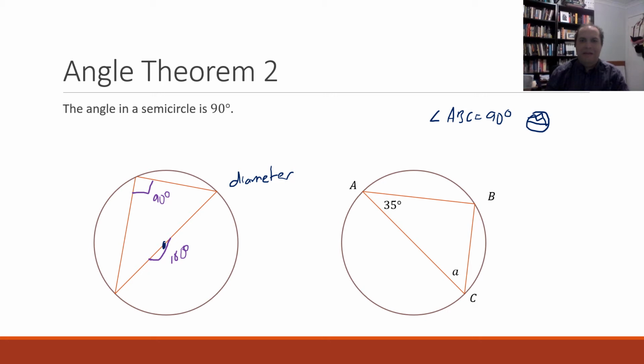Now to work out A is just going to be 180 degrees, subtract 90, subtract the 35 we were given, because we know the angles of a triangle add up to 180, so the value for A must be 55 degrees. And that's how we would apply the second angle theorem to calculate unknown values.